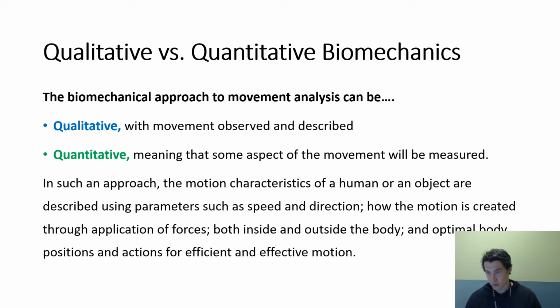In such an approach of quantitative analysis, the characteristics of the motion that you're measuring of a human body or an object, so it could be something that is thrown, for example, is described using parameters such as speed, what direction it went in, how the motion is created through the application of forces, so looking at angle changes, measuring the amounts of force that are actually produced, and this could be both inside the body, so around joints, but also outside the body, so measuring force that is put into a projectile, for example, like a shot put.